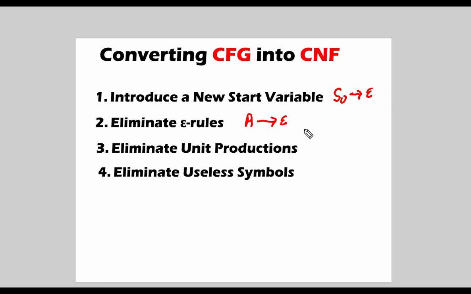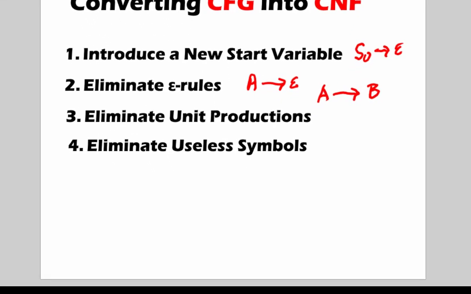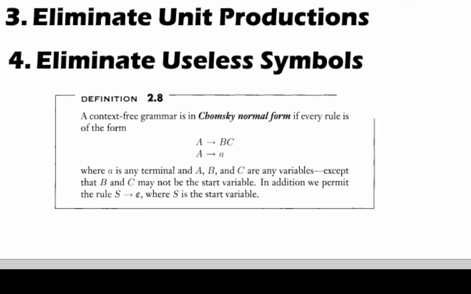Also, we will eliminate any unit production, such as variable A producing a single variable B, and we will eliminate any useless symbols. These steps are from your book, in Definition 2.8 of the context-free grammar in the Chomsky normal form.